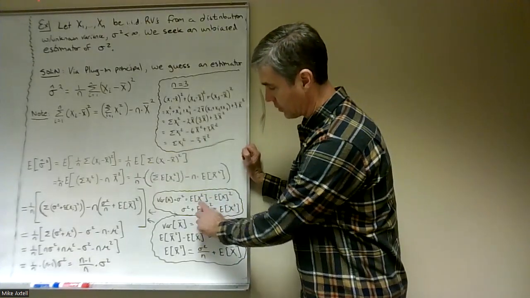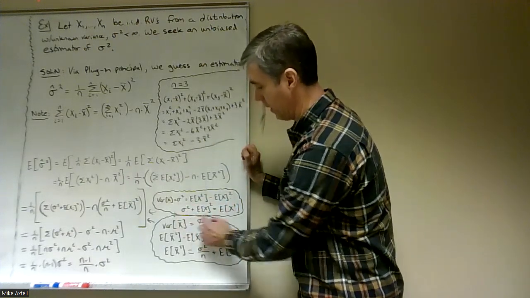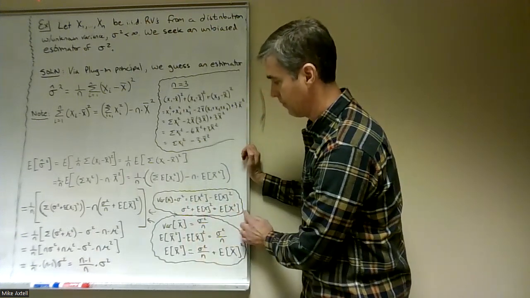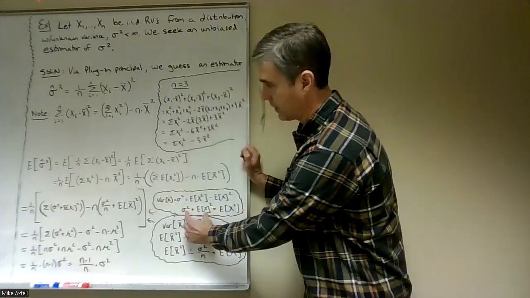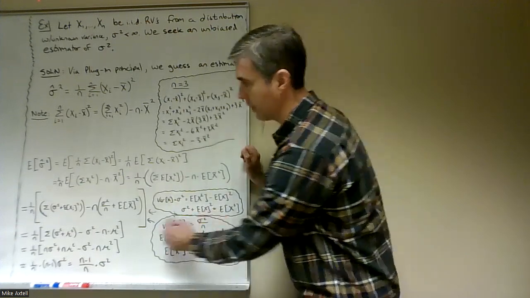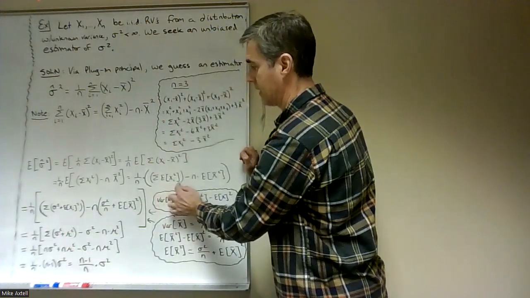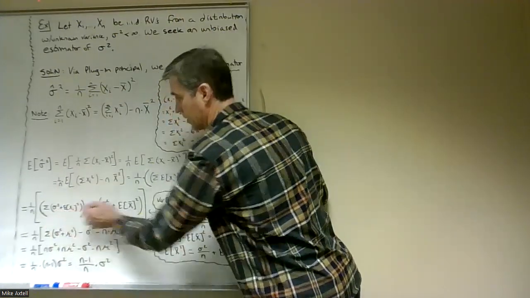If I solve for E of x squared, I'm going to add that E of x quantity squared over to the sigma squared. So E of x squared is sigma squared plus E of x quantity squared. So that E of x_i squared, I'm going to replace it with sigma squared plus E of x_i quantity squared. And that's what happens right there. This E of x_i squared got replaced with this sigma squared plus E of x_i quantity squared.